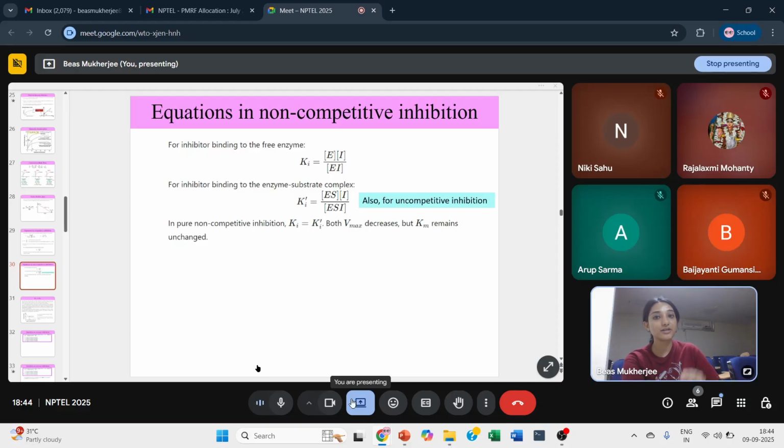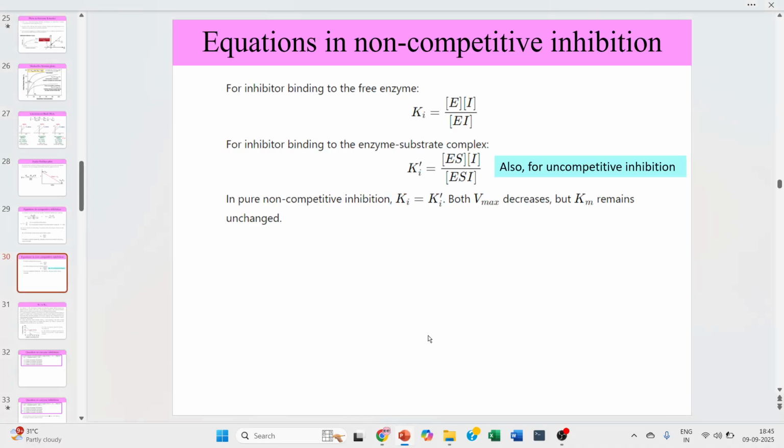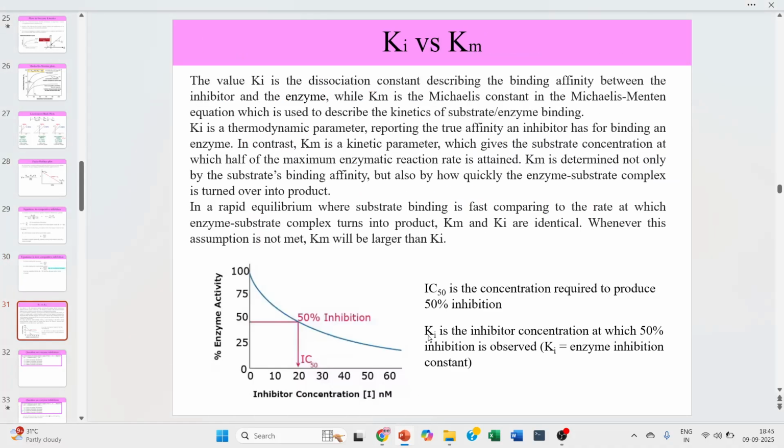For inhibitor binding to enzyme substrate complex and also for uncompetitive inhibition, this is your equation, right? So in pure non-competitive inhibition, Vmax decreases, but Km remains unchanged. Okay, you can go through this once again for better understanding.